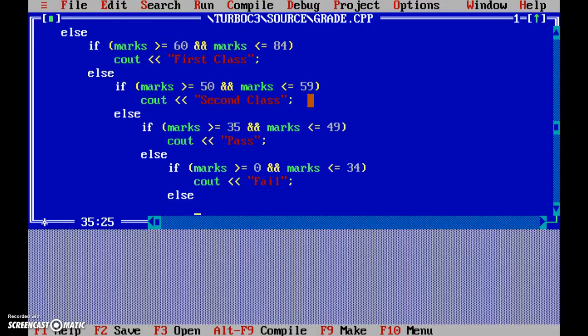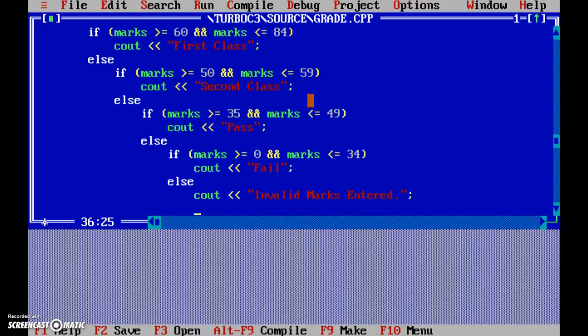Else, now this else would be either negative numbers or above 100. So invalid marks entered, right? So that completes our entire line of ifs.